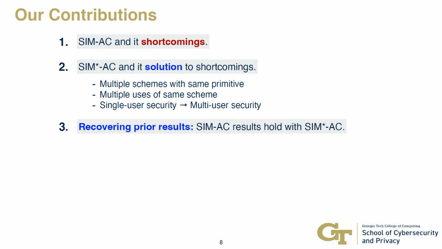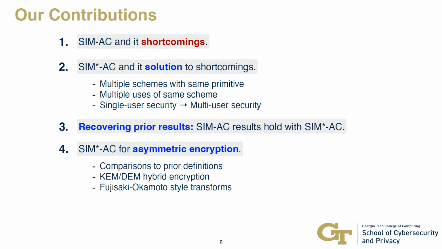Luckily, I can kind of show that all of the old results shown in the previous paper lift over to this new paper. And finally, to kind of link into the existing literature on adaptive compromise, a lot of work has been done on public key encryption, so I give public key encryption definitions compared to previous definitions and show some nice results that natural constructions are secure.